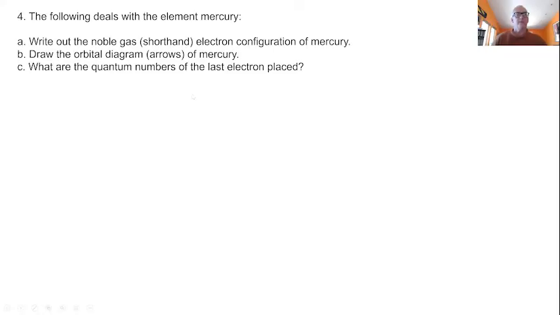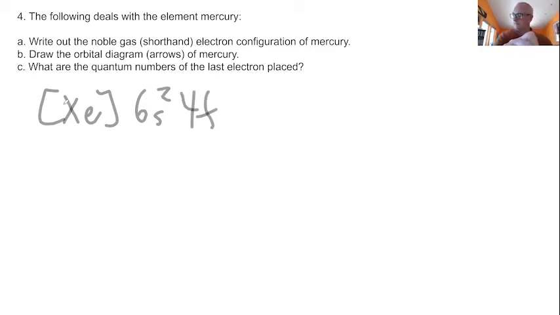All right, so we had xenon, and then 6s2, 4f14, 5d10. Okay, so that is the noble gas.